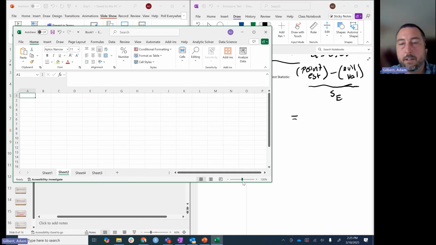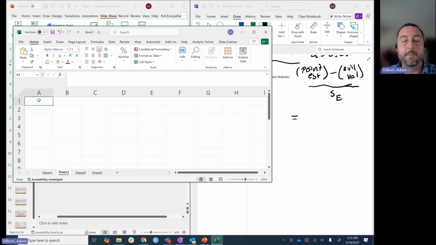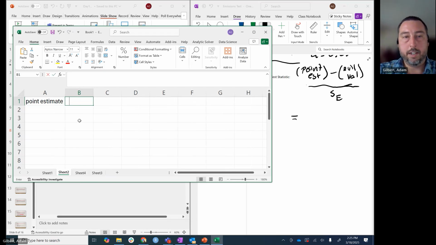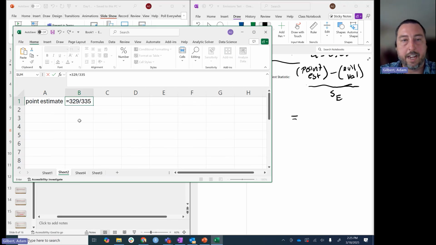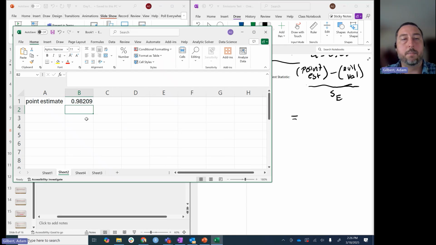So our point estimate is, I think it was 329 out of 335. Let's check back and make sure that that's right. So yeah, out of 335 cars, 329 passed. So that gives us our point estimate.